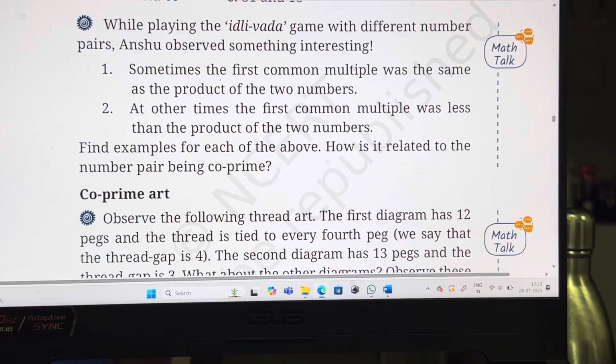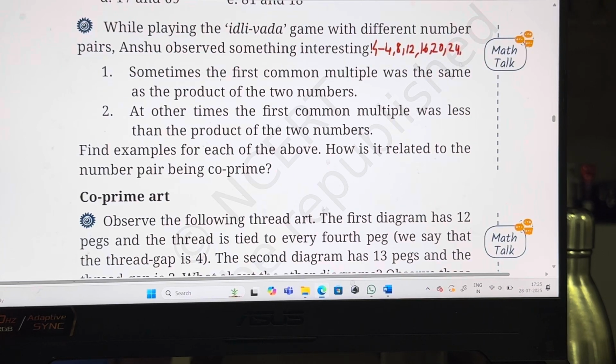For 4, the multiples are 4, 8, 12, 16, 20, 24, 28, 32 and 36. And for 9: 9, 18, 27, 36.